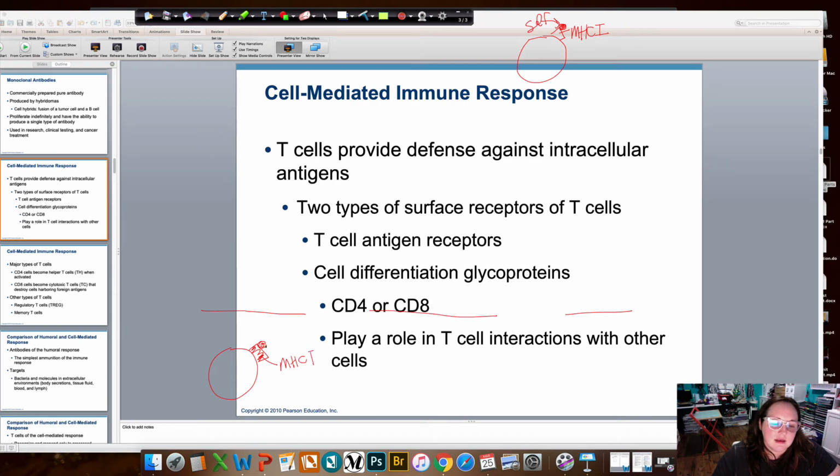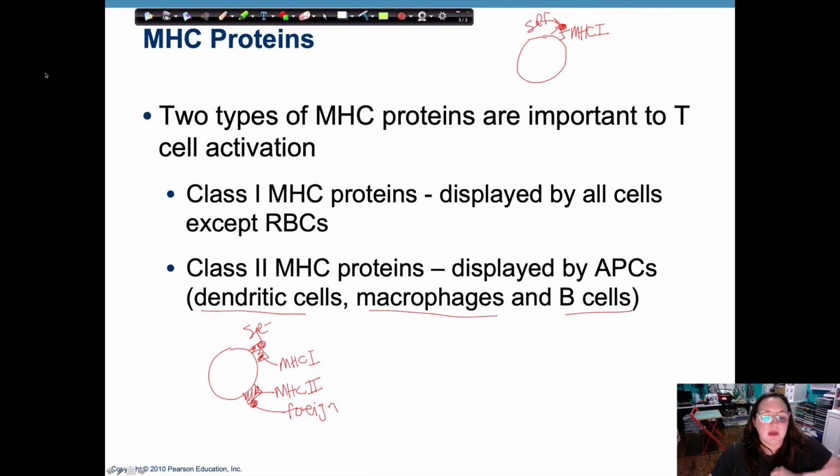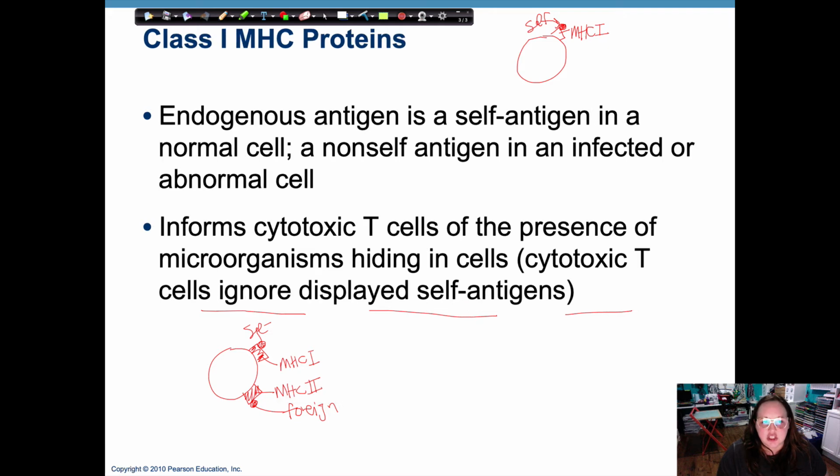But they're also going to have an MHC2 protein, which is capable of displaying a foreign antigen. And that's what makes them unique, right, to the body, so that they can display this foreign antigen to a T cell. So all nucleated cells in your body have MHC1 proteins. And then only your APCs, your dendritic cells, macrophages and B cells, have MHC2 proteins.